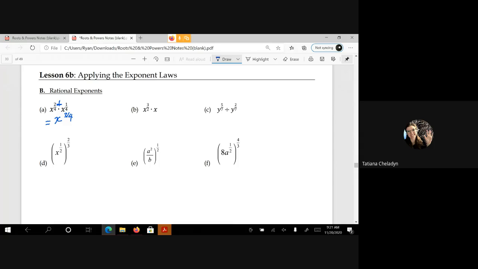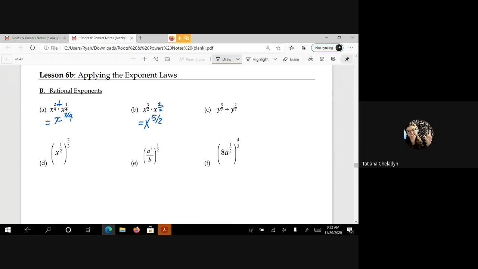So if it's just 1x, so this x is x to the 1, and the same thing as 1 would be 2/2. So x to the 2/2. So now that makes it a lot easier. So we can add them because it's multiplication. We have x, so 3 plus 2 is 5/2.